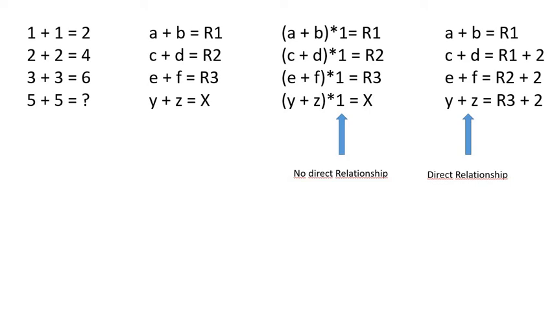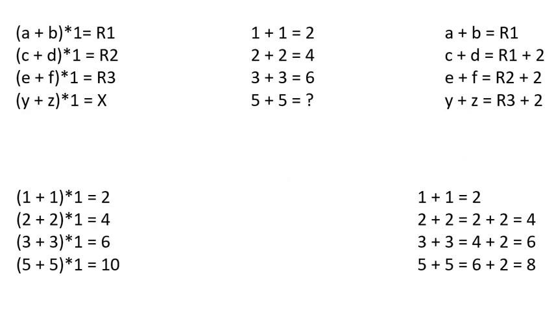So let's see what we get if we reverse engineer it. There it is. 1 plus 1 times 1, and this time I have to put the brackets, right? Because I want to sum up first and then multiply.